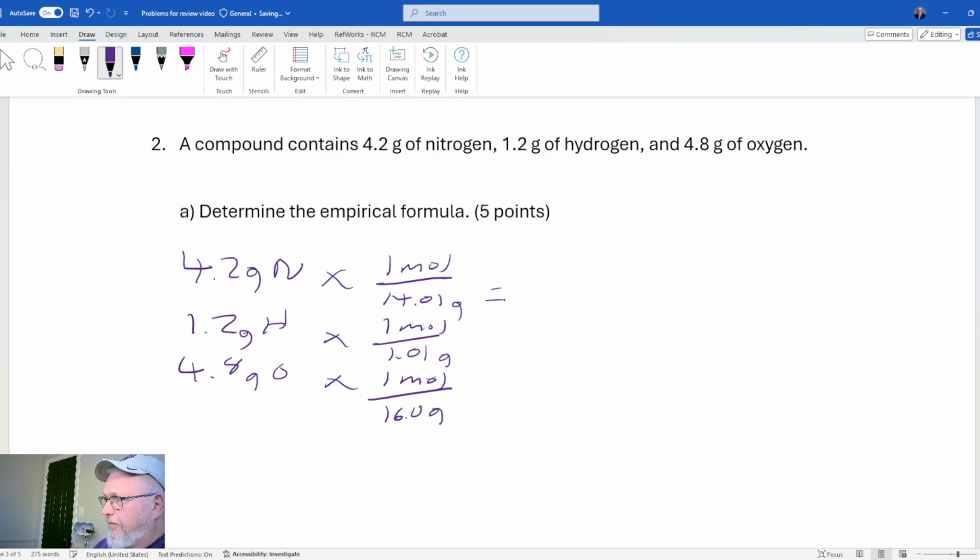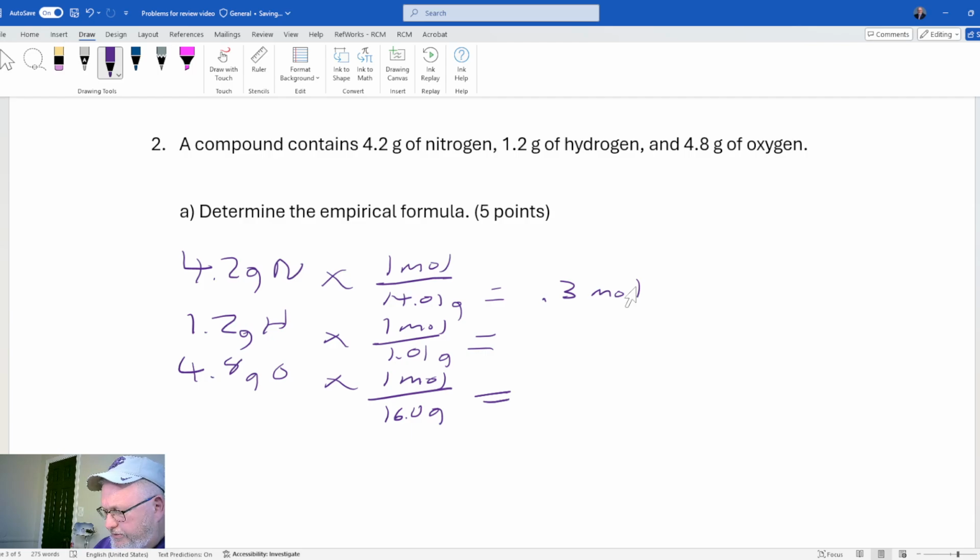That'll give me my number of moles. 4.2 divided by 14.01, and if I round everything, I've got 0.3 moles.